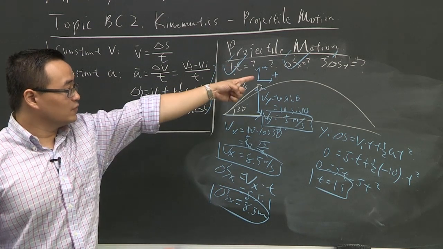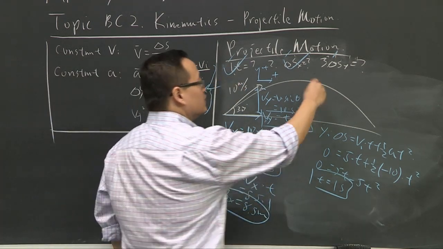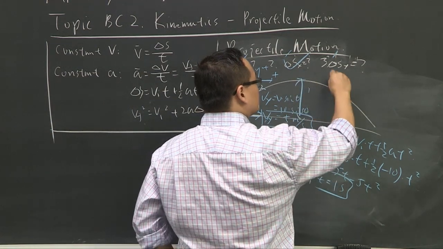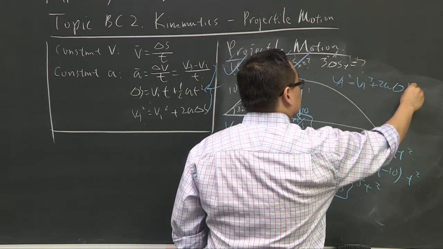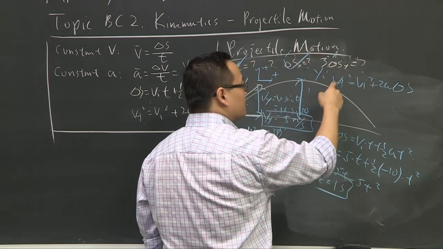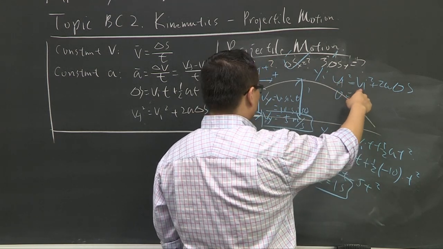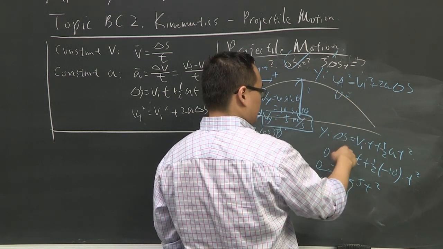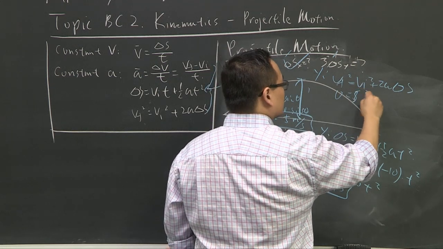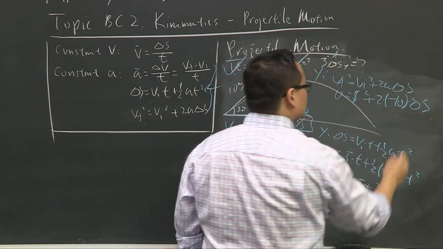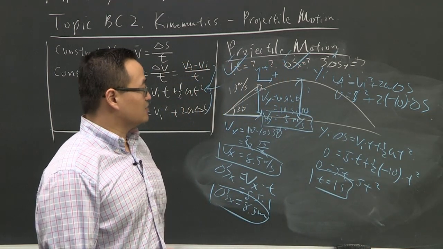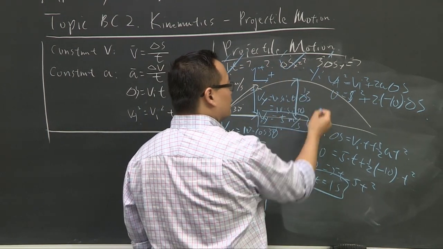And last one, what's the height it reaches? I know that's going to be v final squared is equal to v initial squared plus 2a delta s. Again, everything's in y, and this is 0. V initial here is 5 squared plus 2 times -10 times delta s. Right? Delta s, in this case, in the y direction, is your height.